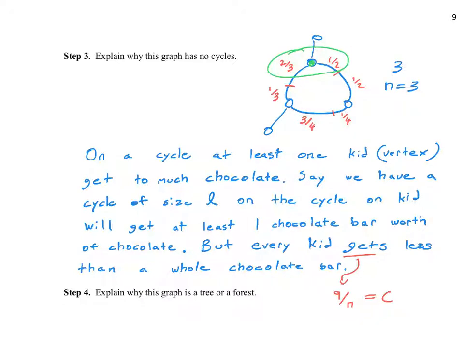So n itself is something larger than 9. That's what the original problem said. So C is 9 divided by a number that's larger than 9, so you will always get this equal amount of chocolate being shared as some value less than 1. This is where we have a problem with the cycle because someone on the cycle is getting 1 or more. Let's move on to step 4.